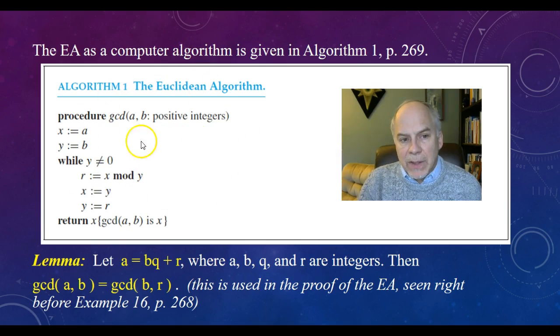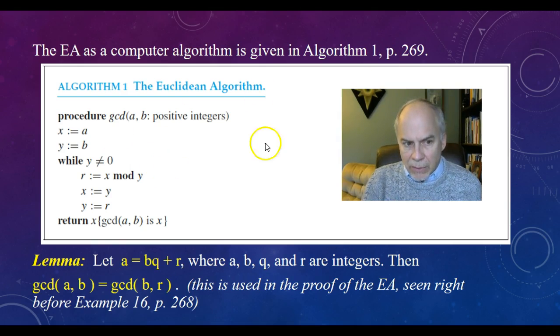The Euclidean algorithm receives two integers, a and b, as input, and then it lets the number x equal the first number a and the number y be b. You don't want to change what a and b are, but we're going to change what x and y are in the procedure.